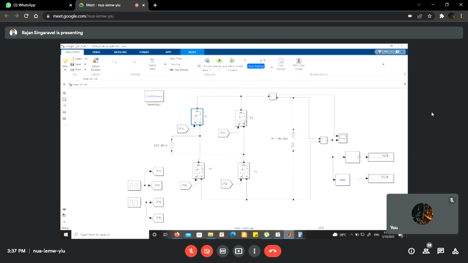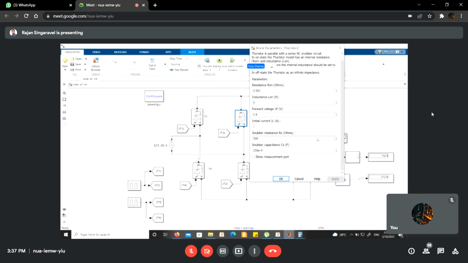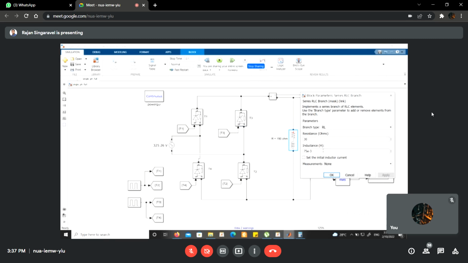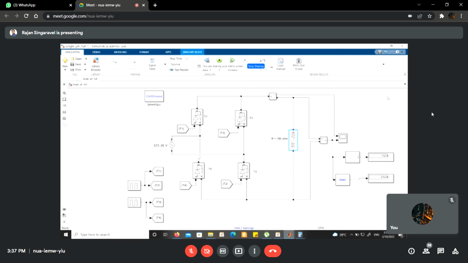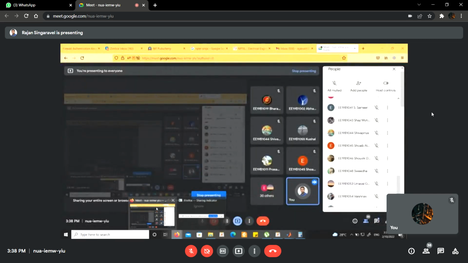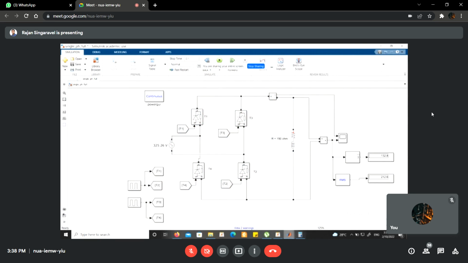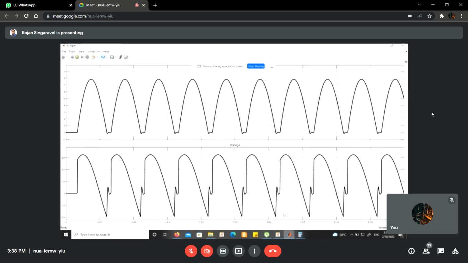But here we have given some random standard values of snubber resistance and snubber capacitance, and because of this inductor, when current goes to negative and the current immediately stops, there is a small positive spike across the load terminal. That's the problem. Apart from that, there is nothing to worry, and this is the natural thing, and you can observe this when you do the experiment in your lab also. Once again, maybe with the practical experiment, I can explain it to you in a better way. I'll do it, no problem.